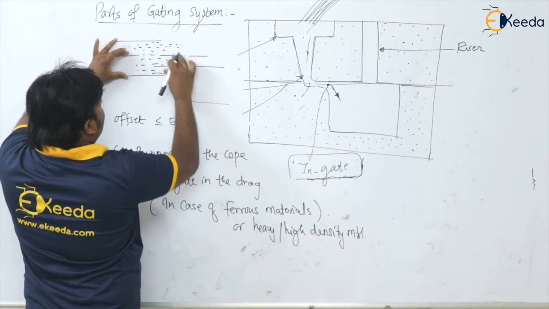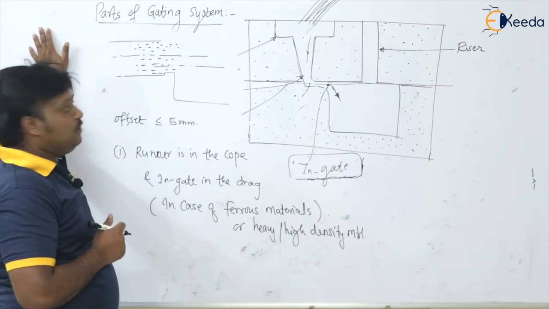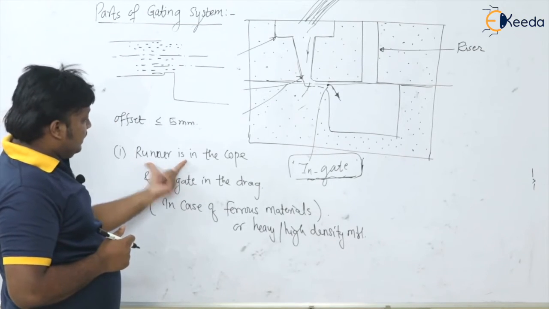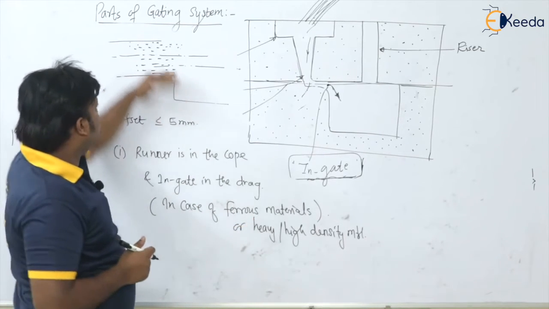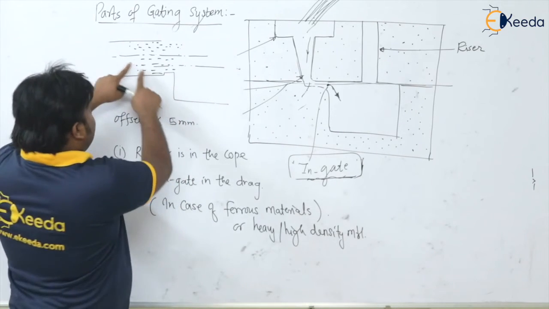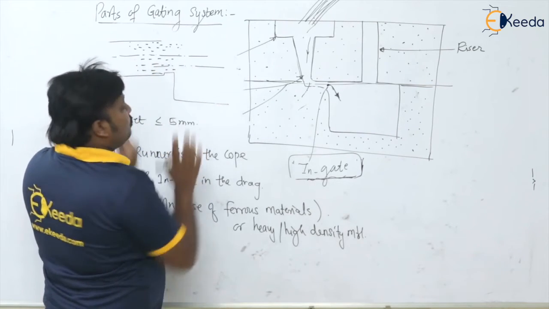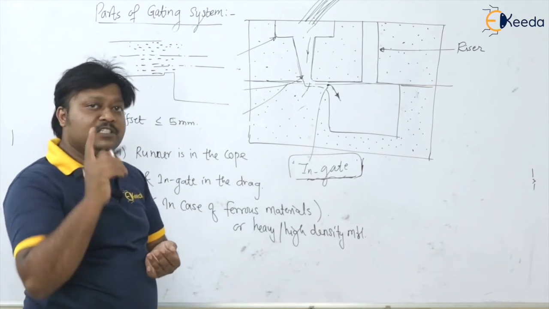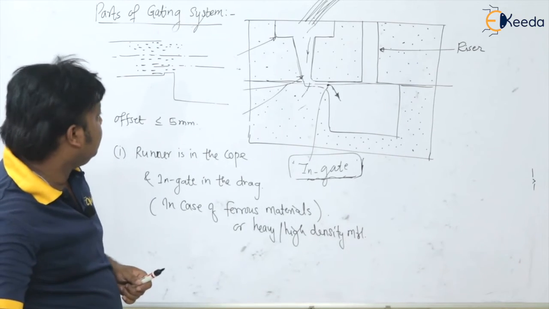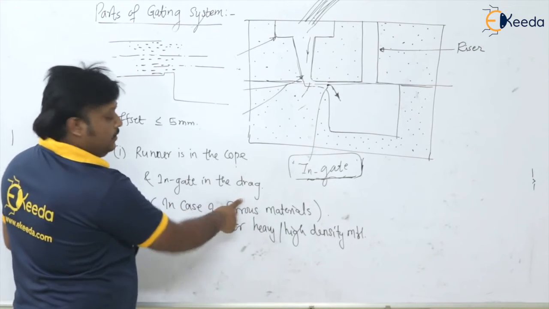So only the heavy pure molten material will enter the mold cavity. Please understand. This condition is for heavy or ferrous materials, where the lighter impurity gets separated onto the top and the pure molten material comes into the mold cavity. So this is the first condition. Now the second condition is the runner in the drag and ingate in the cope.